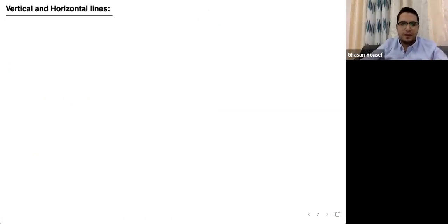So about the vertical and horizontal line, we have to know the equation of the vertical line. Because the vertical line does not have a slope, but we can still find the vertical line equation.